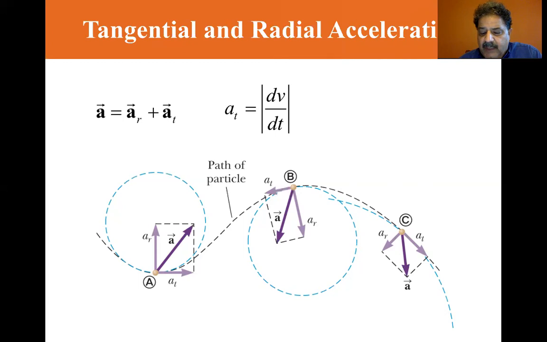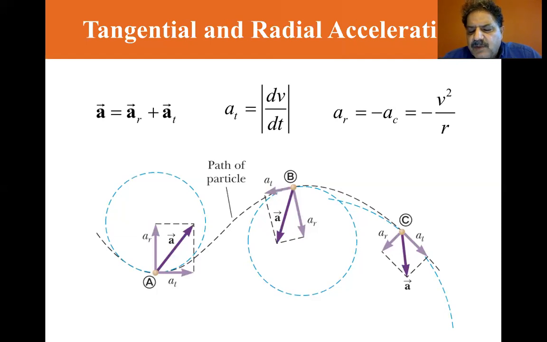Okay, the radial acceleration component arises from the change in direction of the velocity vector. So A_R = -A_c = -v²/r. The radius r is the radius of curvature of the path at the point in question, and the magnitude of the radial component of the acceleration is the centripetal acceleration.